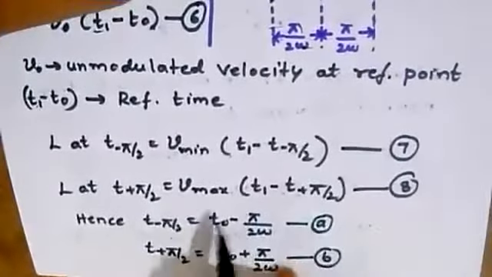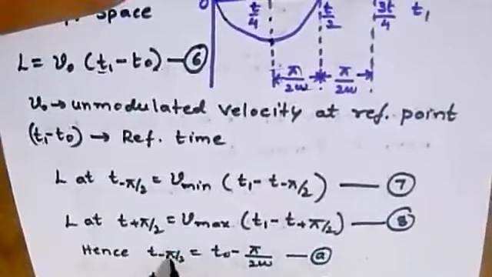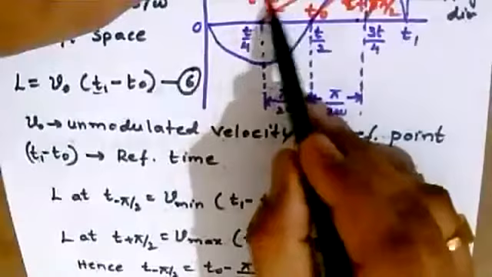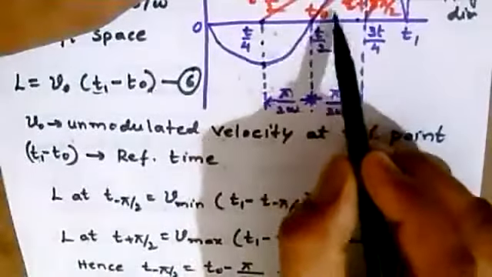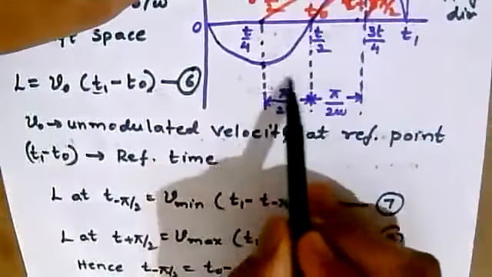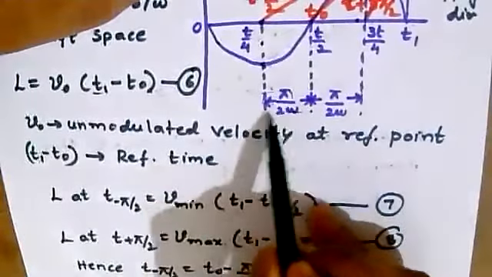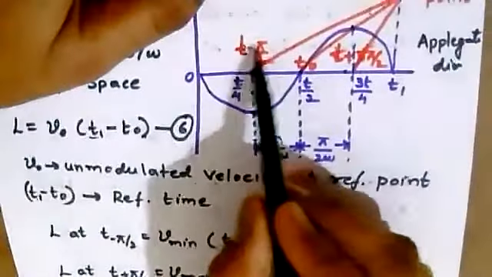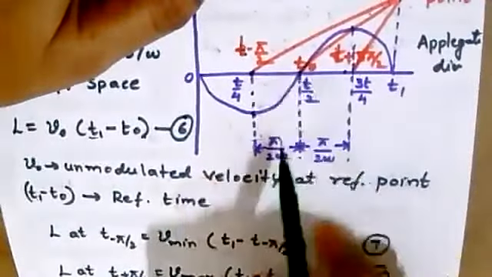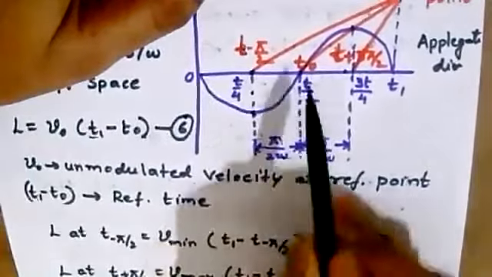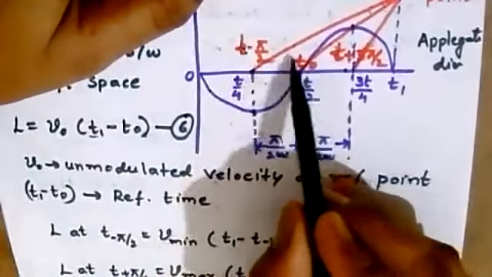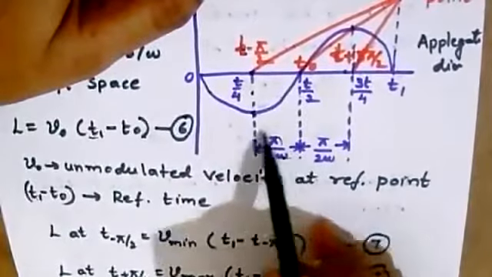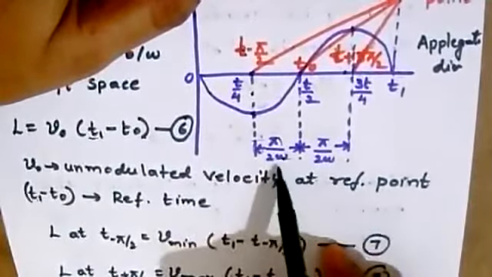Now, you can see t minus pi by 2 with respect to the reference time t naught. As I have said, pi by 2 omega is also a time duration. So t minus pi by 2 can be written as t naught minus pi by 2 omega, because it is also indirectly a time-specified parameter.